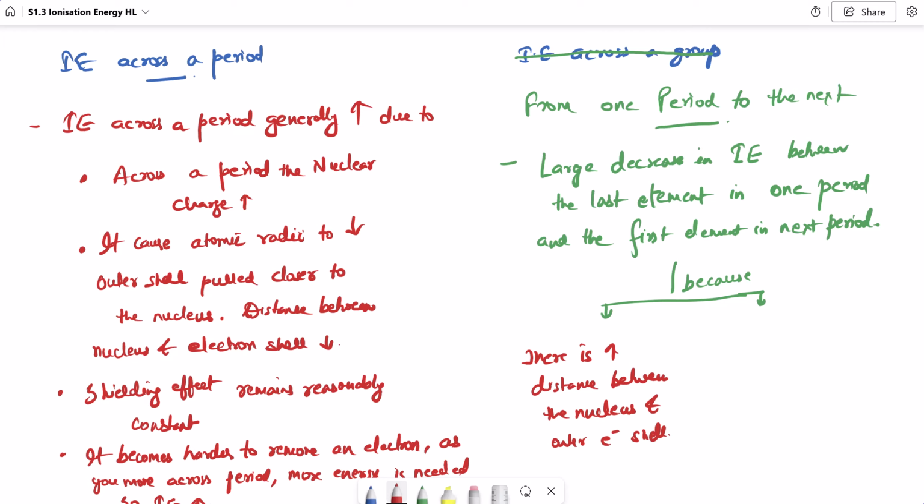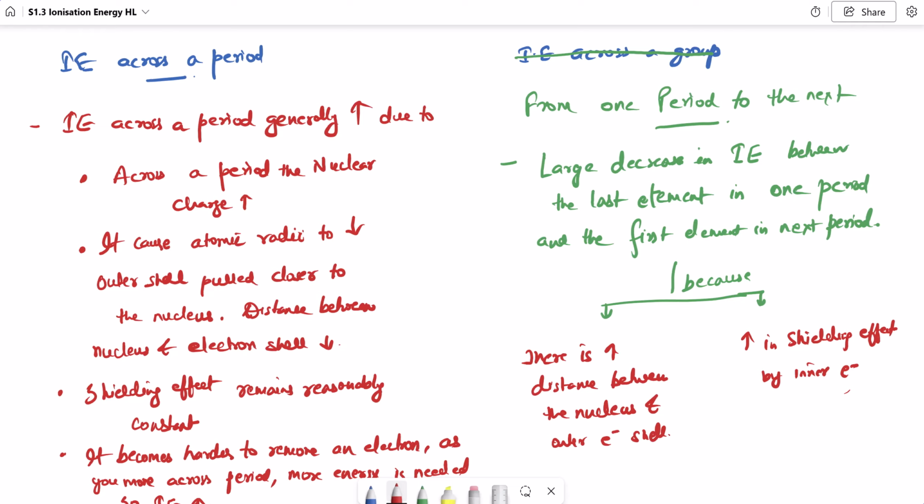There is also an increase in the shielding effect by inner electrons because of adding a new shell, right? So these two factors are decreasing the ionization energy.